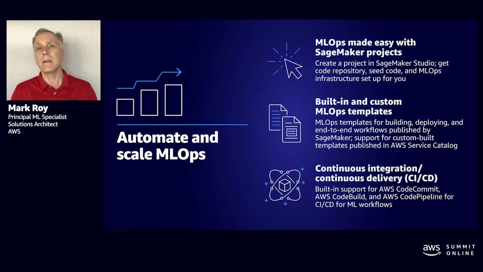You can define the set of source code repositories that ought to be used for a given project, provide the right structure, and even provide starter template code in there that a data scientist could simply extend the training script or the pre-processing script to meet their needs for a new model.